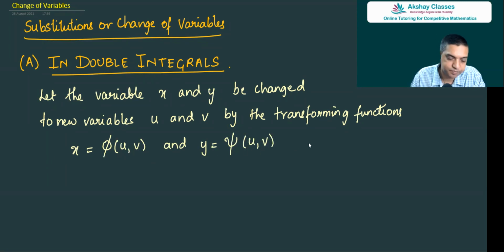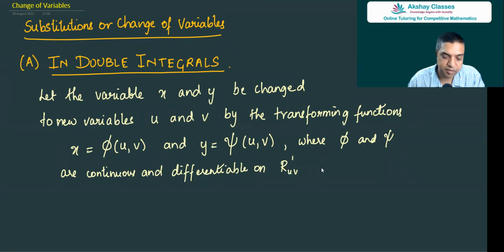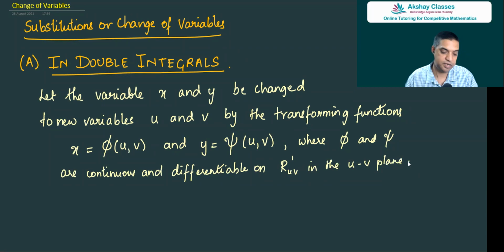So there are two functions, where, of course, phi and psi are continuous and differentiable on this transformed plane, in the UV plane. They are transformable.